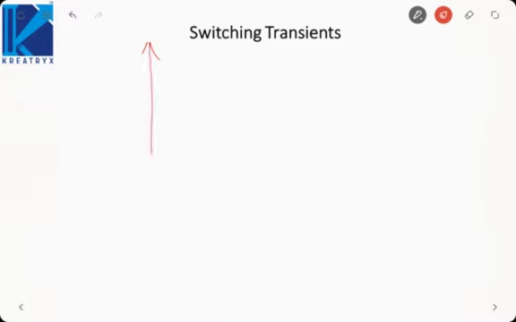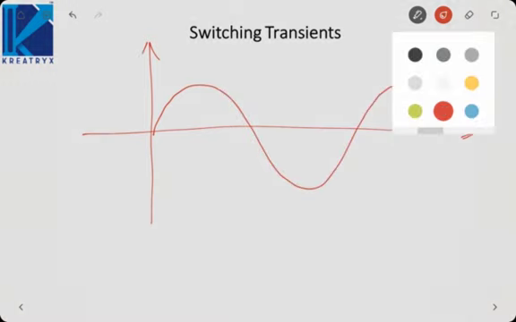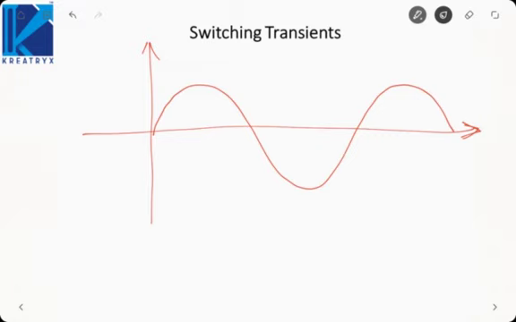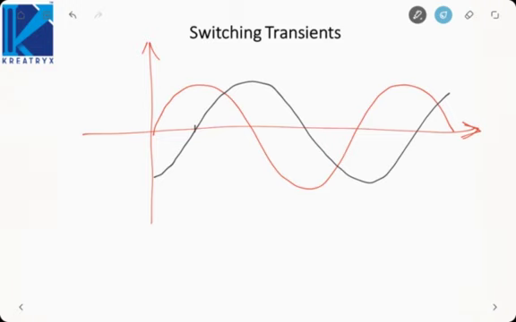As I told you, if the flux is given by this, then the EMF will be 90° lagging. 90° lagging means it will start from here, something like this, and the applied voltage will be opposite to the induced EMF, something like this.